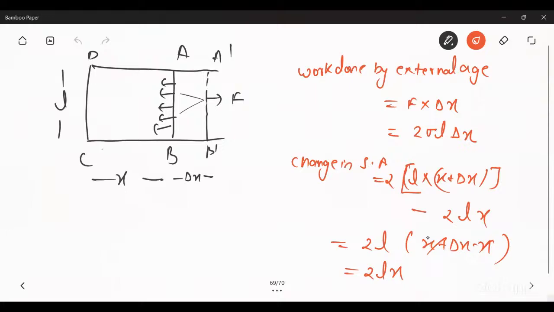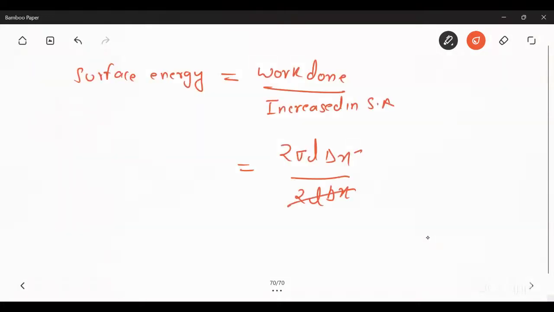The 2L delta x cancels, so it is equal to sigma. And what is sigma? Surface tension. So surface energy is numerically equal to the surface tension.